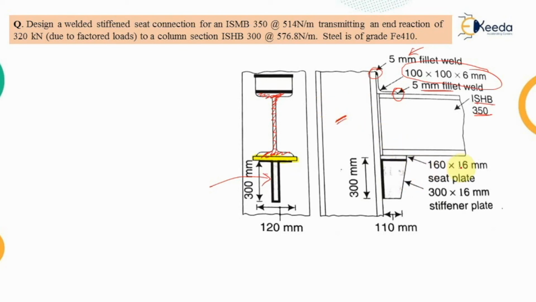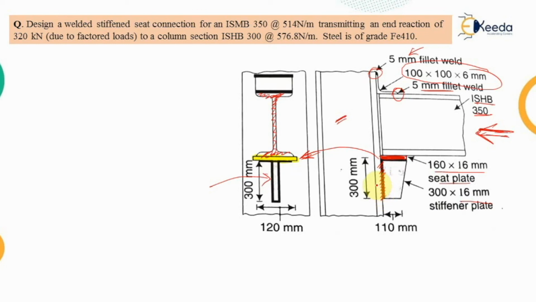Now this 160 by 16 millimeter seat plate has been provided here at the top, which is highlighted by the red color, and here it is shown by this yellow color. That is from the front view. If you look at this diagram from this side, then you will get this view. And this stiffener plate is of 300 millimeter depth and 16 millimeter thickness, and it has also been welded with the column flange at this point.